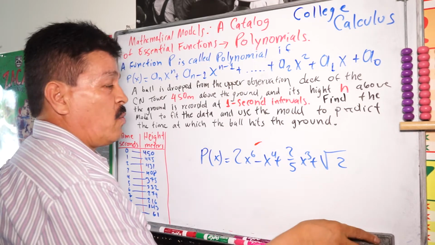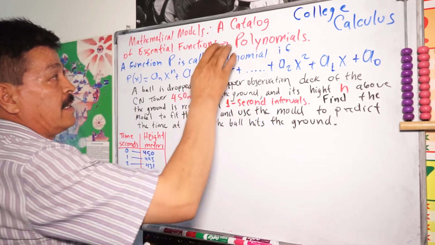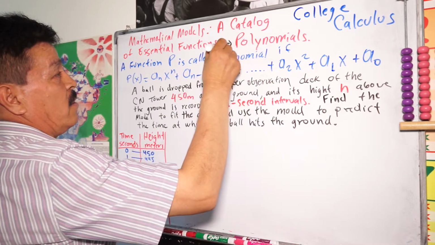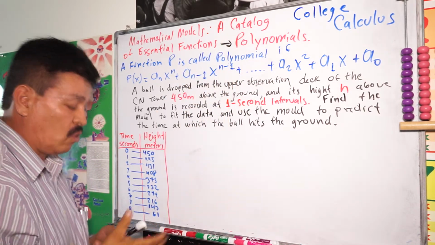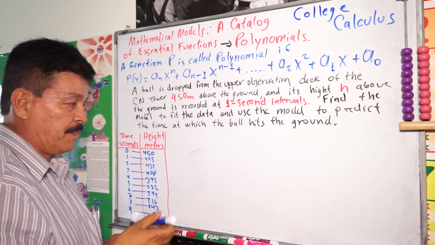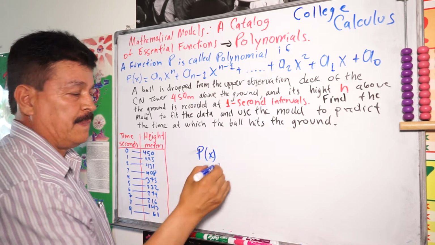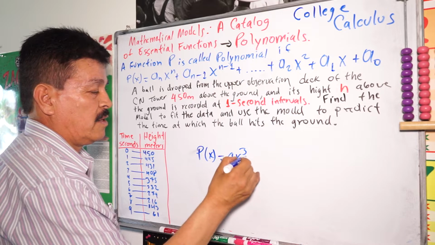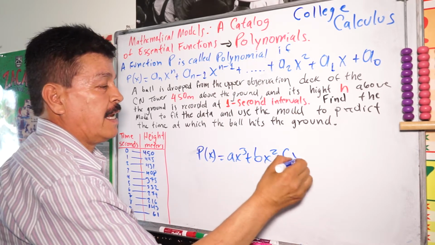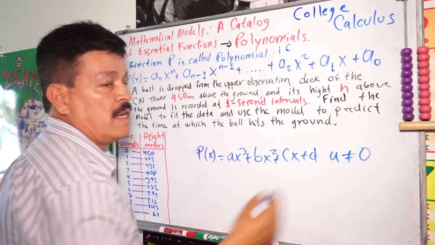Let me show another one. Our class today is about polynomials. We are going to apply them in real life to solve real life problems. Let me write another one. y equals ax to the 3rd power plus bx to the 2nd power plus cx plus d, when a is different from 0.